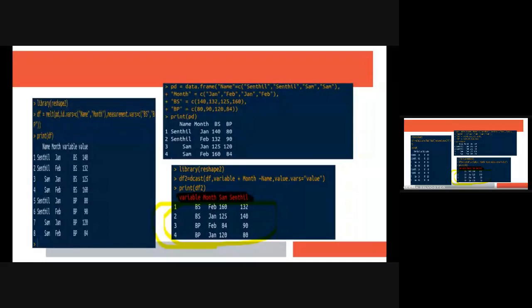Here the column values are stored in decreasing order. First of all, we are considering the blood sugar value and the person's name. Sam blood sugar, so we have two values here. Sam is highlighted here.